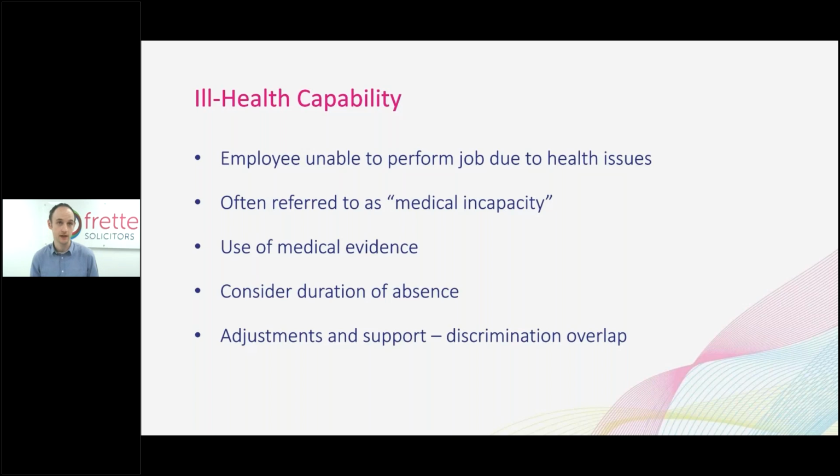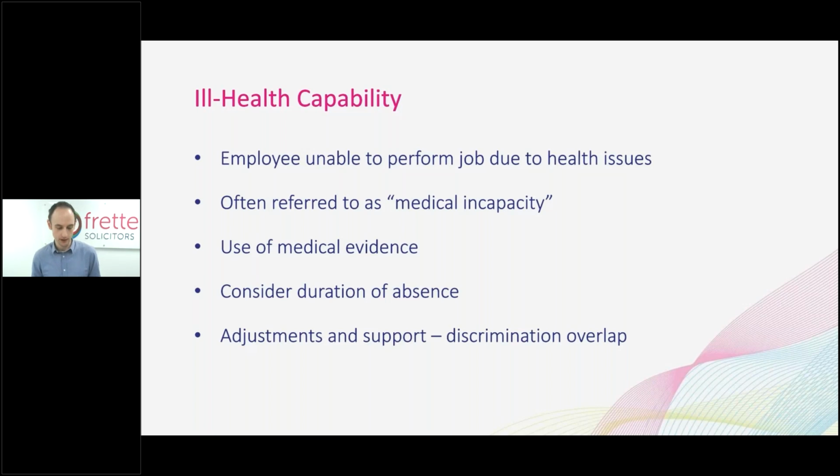The underlying justification in an ill health dismissal, as with almost any other dismissal, will be whether as employers we've acted reasonably and fairly in concluding that the ill health issue exists, that it is affecting performance and attendance, and that we are reasonably concluding that dismissal is a reasonable response.